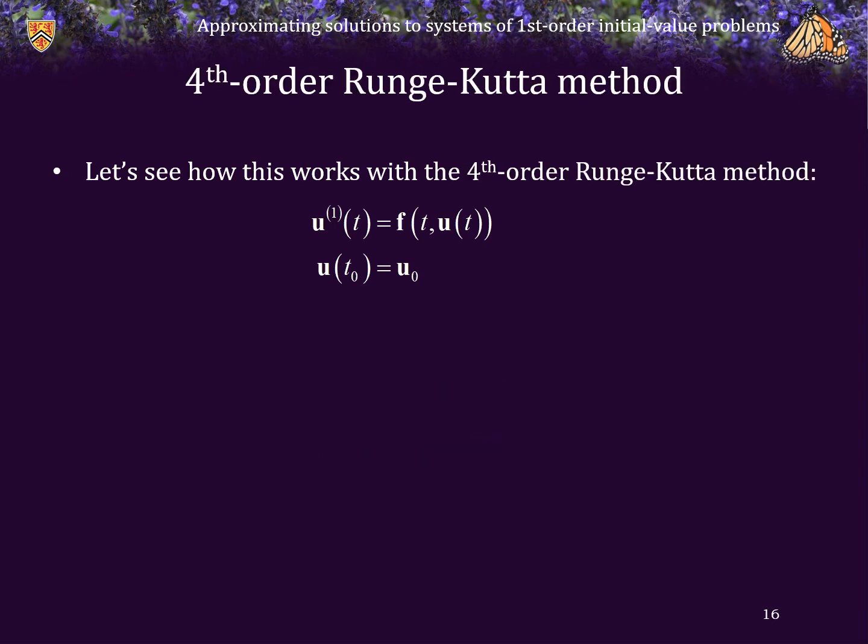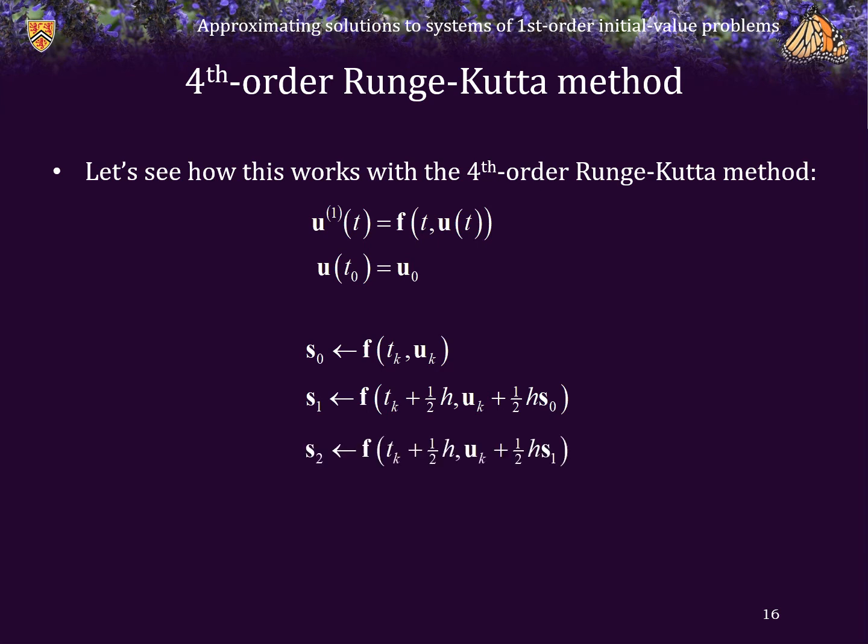Let's see how this works with fourth order Runge-Kutta. We found the first slope at time tk at position uk. We then added to tk a half h, and we added onto uk h over 2, a scalar, times the first velocity vector s0. We did something similar to calculate the third slope s2 and the fourth slope vector s3.